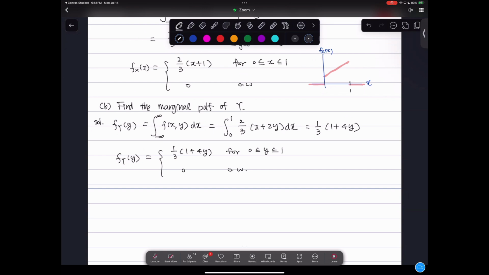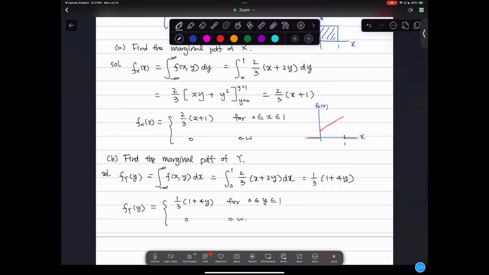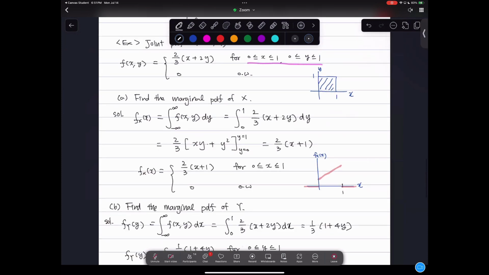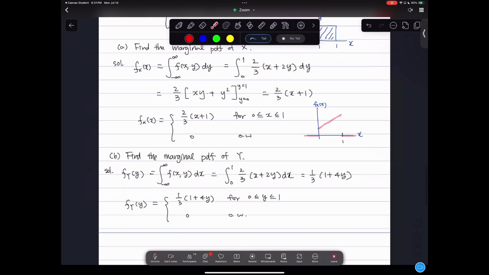So that's the marginal one. This is the simpler version because your support is a rectangular region. So I just have to go your integral from 0 to 1 and 0 to 1 either way. That was an easy one. So let me give you one, then I'll move on to the other topics.